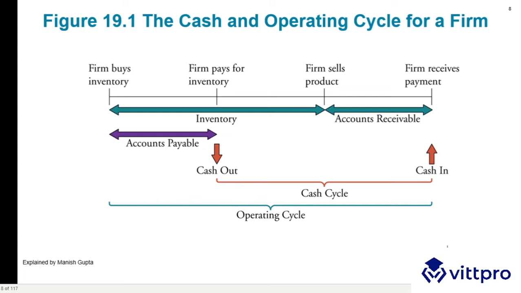The firm buys the inventory, then it pays for that inventory, then produces the product, then sells the product, and then it receives its payment. So the operating cycle is from the first point, buying the inventory, until the final point when you receive the money for that particular product.